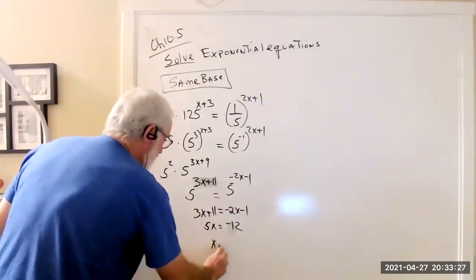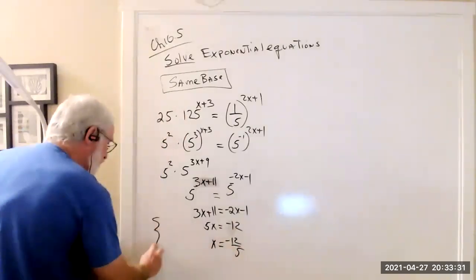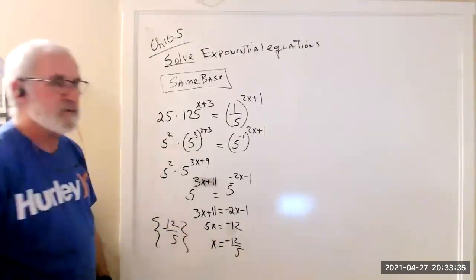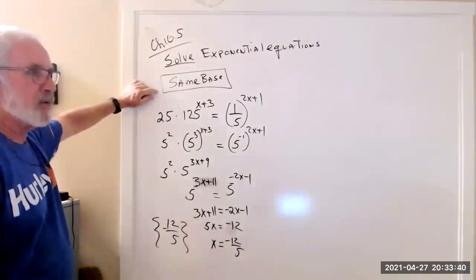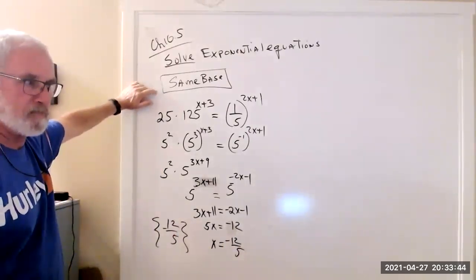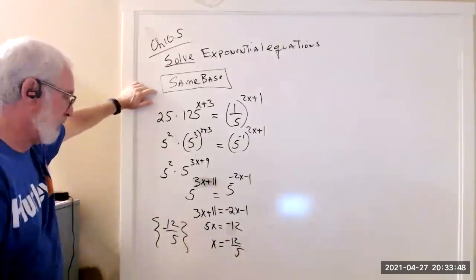Yeah. So I guess x is negative 12 over 5, and that should be our solution set, negative 12 over 5. Now, that was a quickie review from last week. Is that okay? Does that bring back fond memories of things that we were doing last week? Yes. Yeah, fond memories. Okay, I love it.